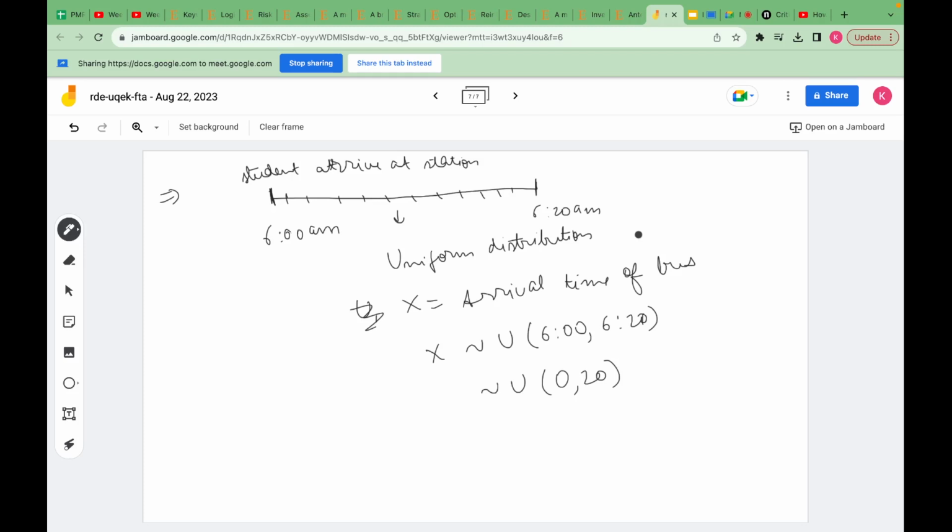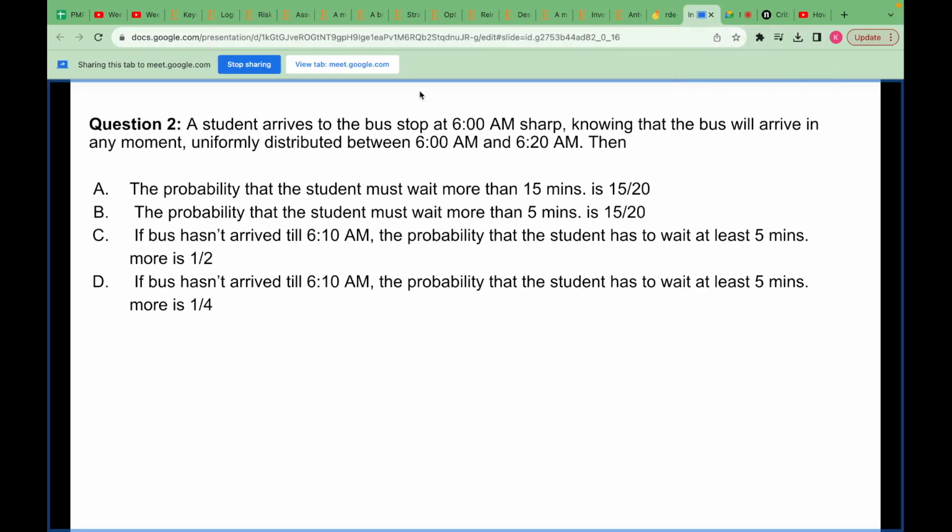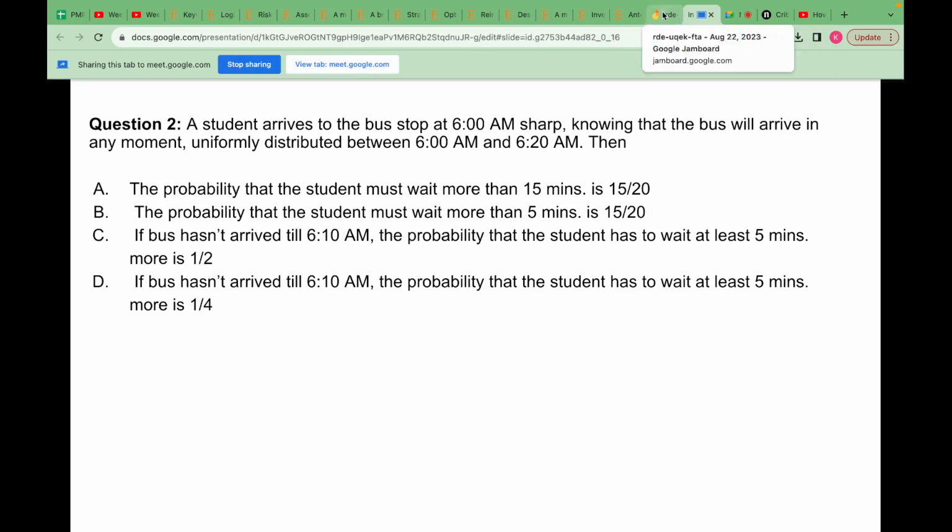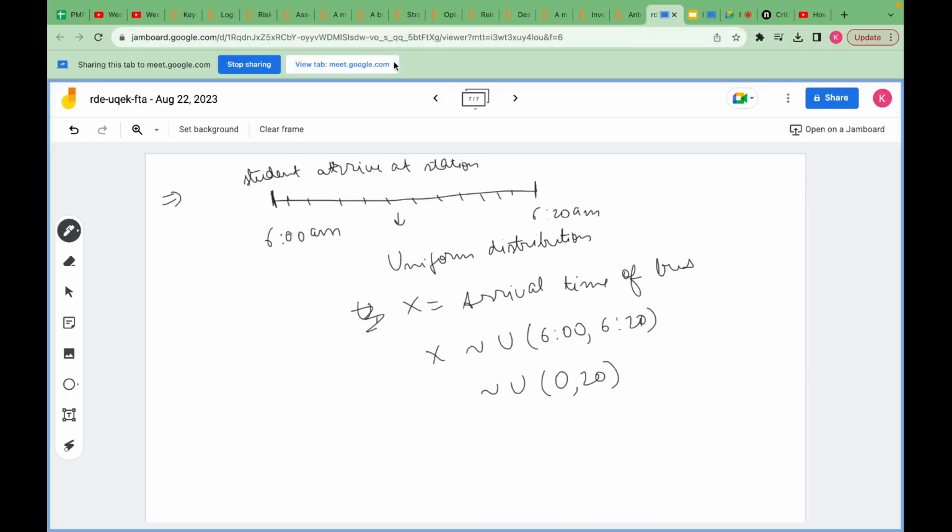The student arrives at the station at 6 a.m., and the bus will arrive at any time between 6 a.m. and 6:20 a.m. Let's say that x represents the arrival time of the bus.